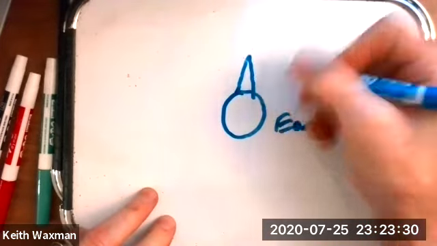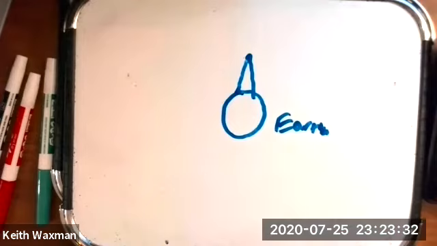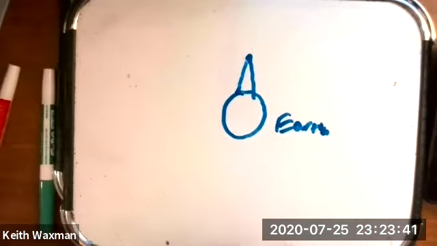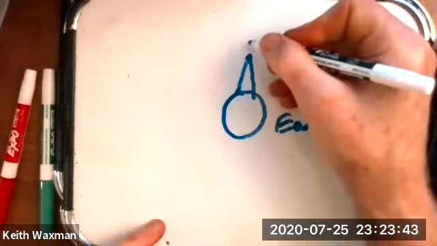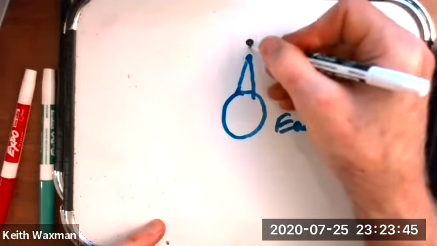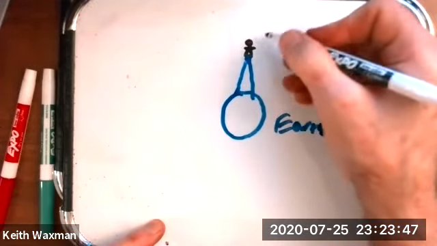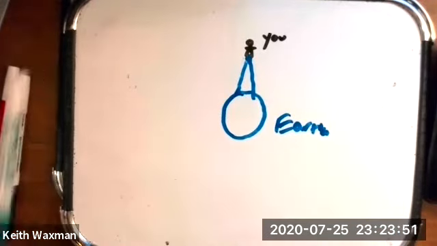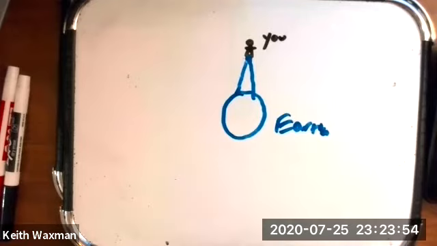So there's a mountain, and let's just put you on the top of this mountain. I know it's a terrible looking mountain, it doesn't matter. So here you are. That's you.